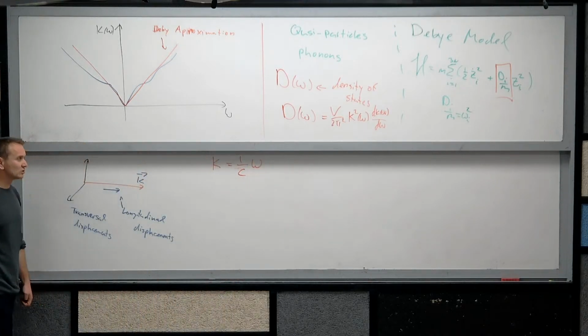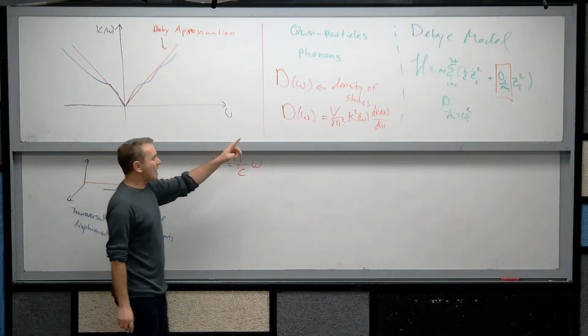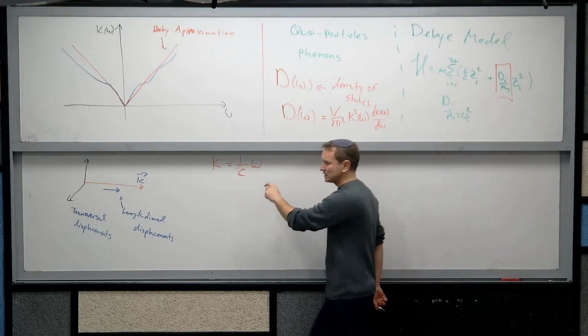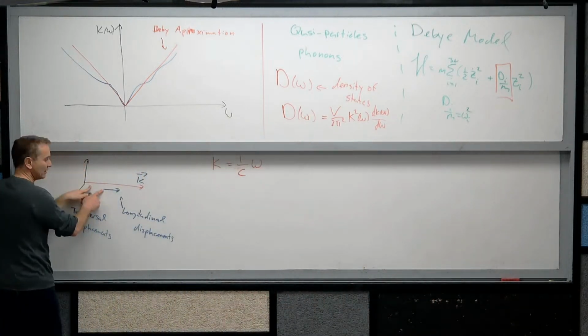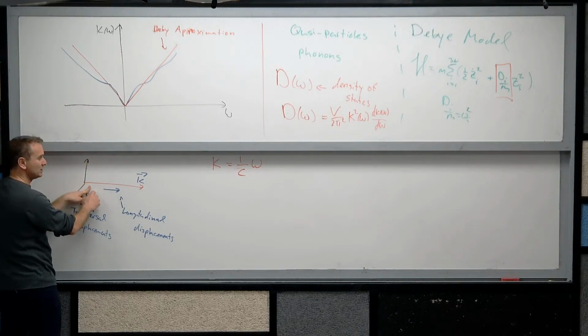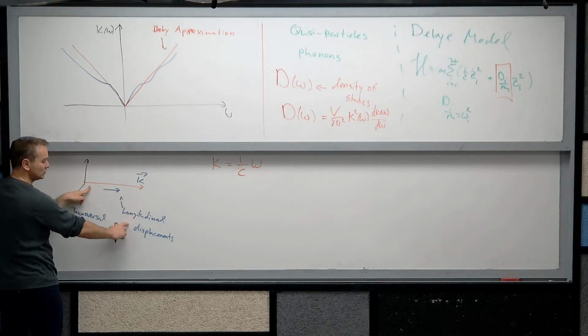This is the dispersion relation we assume. Now, we have to look at 3 different waves, or wave displacements, or standing waves. One comes from longitudinal displacements.